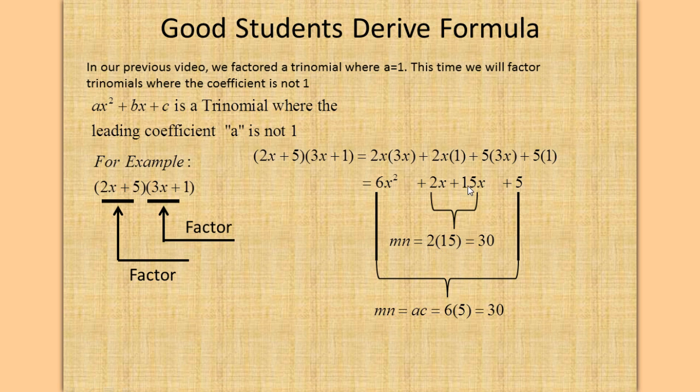And 2 plus 15 is 17, and you'll also notice our leading coefficient a and our trailing coefficient c: a times c is also equal to 30. That's 5 times 6. Okay? So that's the difference when a is not equal to 1. Okay, let's continue.